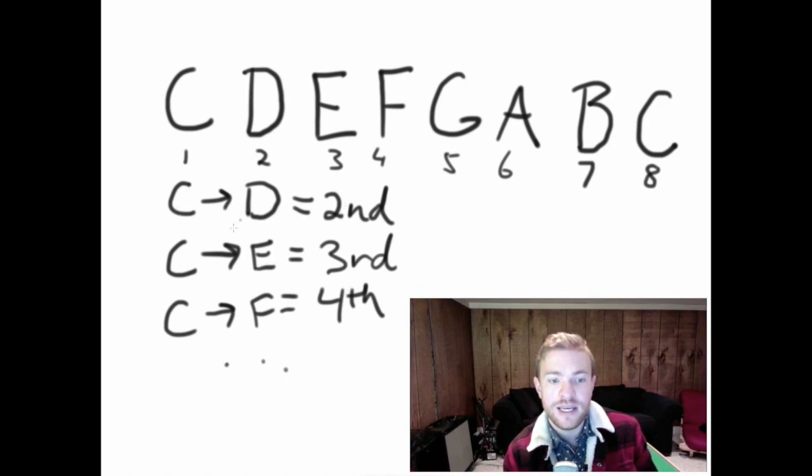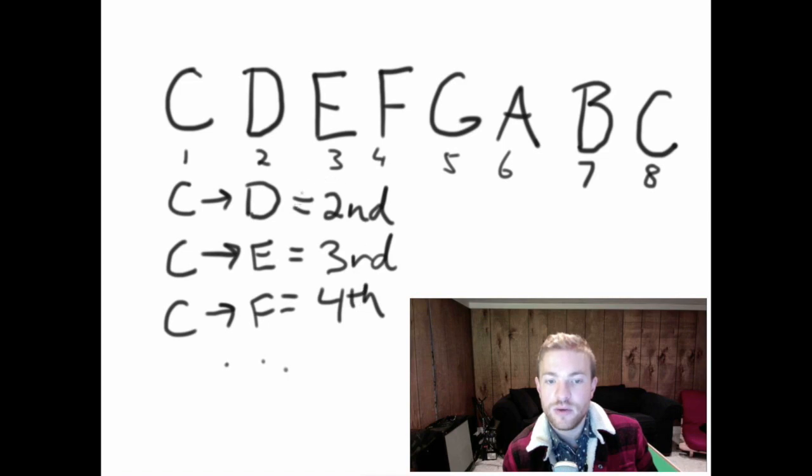And if we look at C to D, C to E, and C to F, just as examples, let's look at C to D first. How many letters are contained within that interval? Well, we have a C and a D. So we have 2 letters, therefore it's a second. We have a C, a D, and an E. 3 letters, that's a third. C, D, E, F, 4 letters, that's a 4th. So essentially the numerical name of the interval simply comes from how many alphabetical steps it takes to get from the first note to the last note, or how many alphabetical steps are contained in that interval.